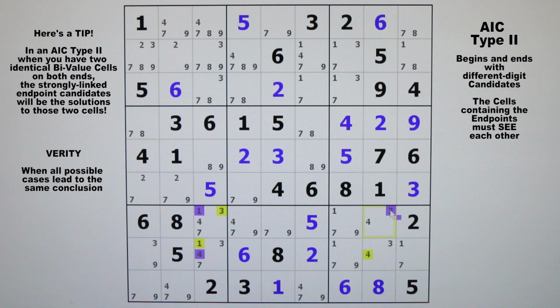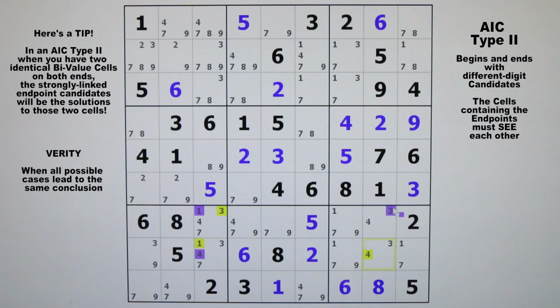If this first 3 in the chain is true, then this 3 here must be false, because there can only be one 3 in column 8. So if this 3 is true, that 3 is false. Now the other case, if this first 3 is false, we know by the chain there's an effective strong link between the 3 and the 4, the endpoints. So if the 3 is false, the 4 is true.